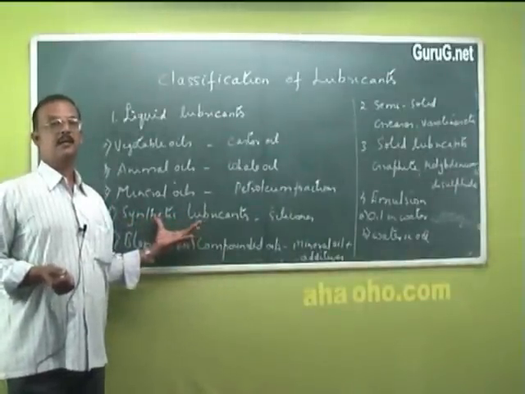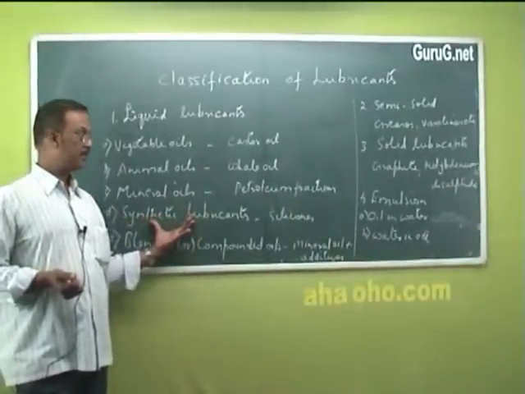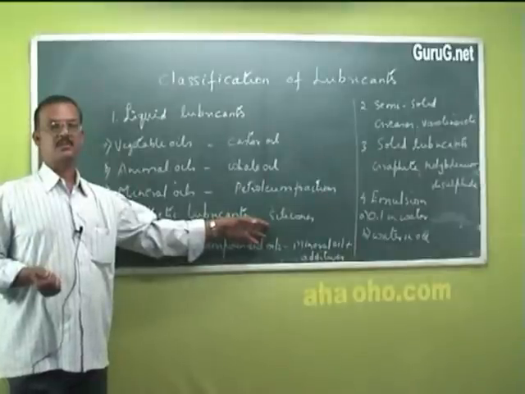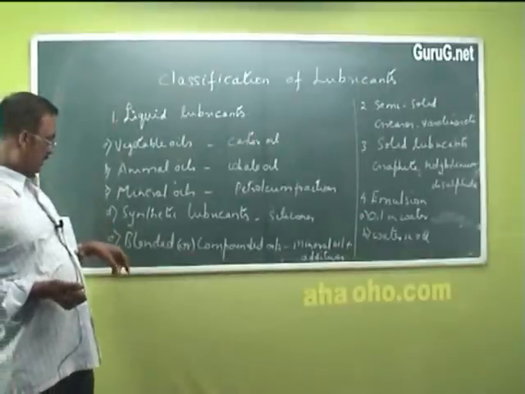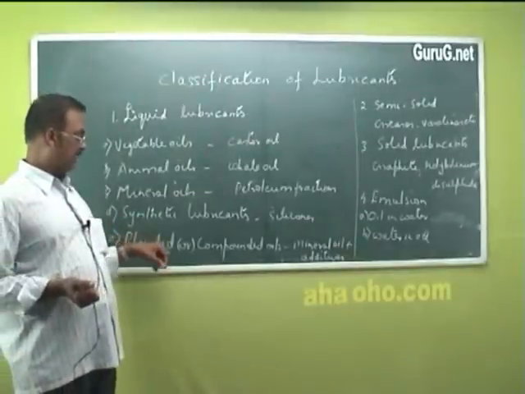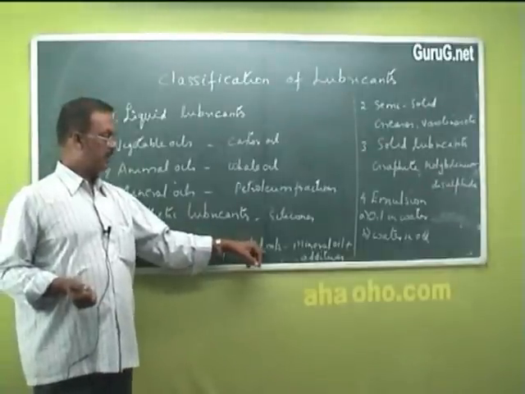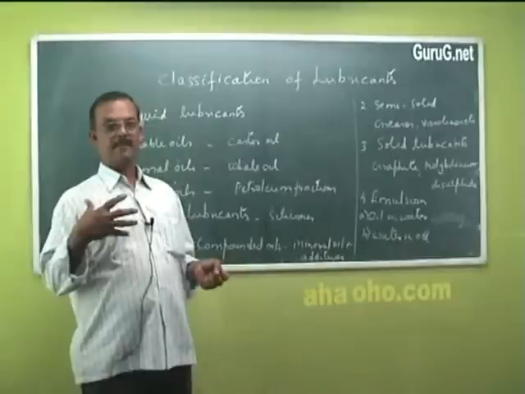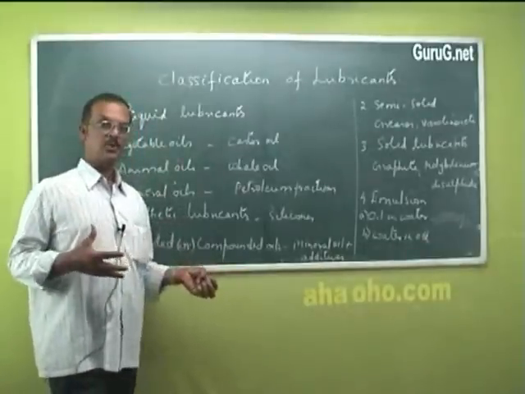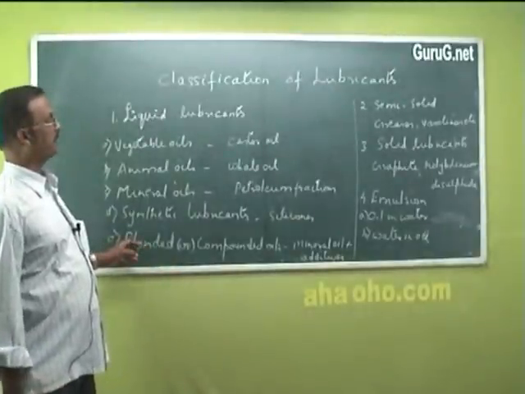These are prepared artificially, or man-made. For example, silicones are used as lubricants. Then the next class is blended or compounded oils, that is, mineral oils mixed with certain additives, which are used as lubricants.